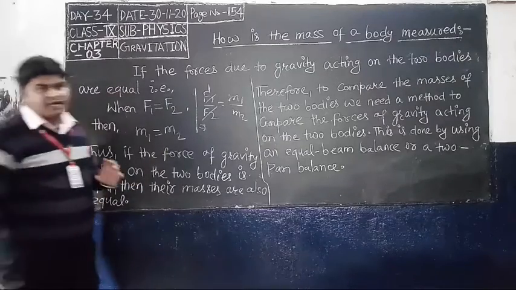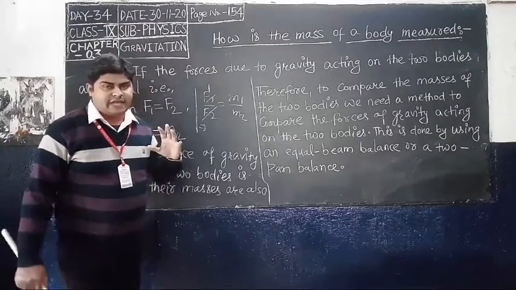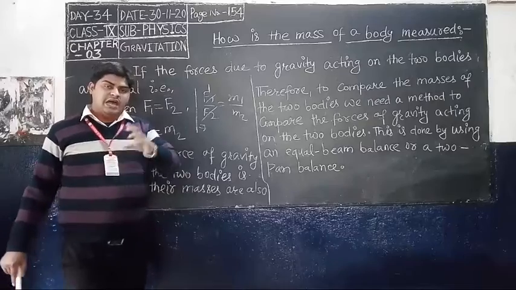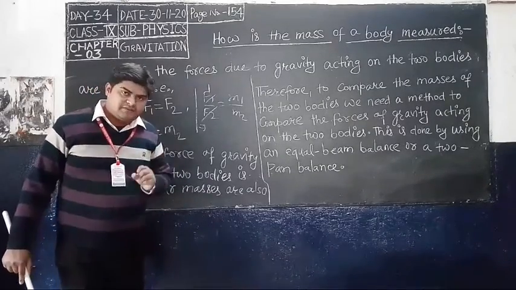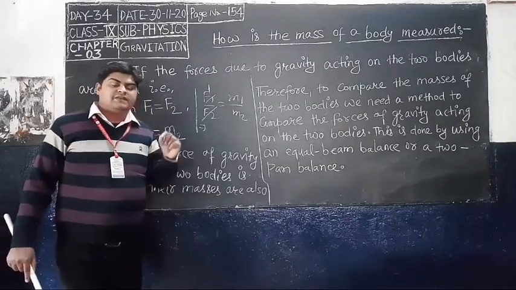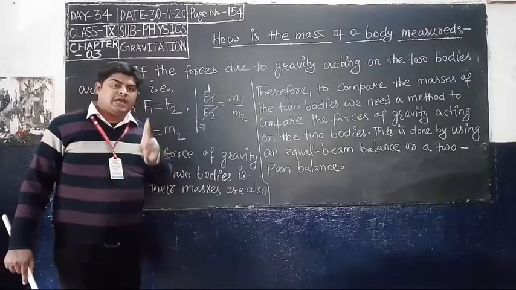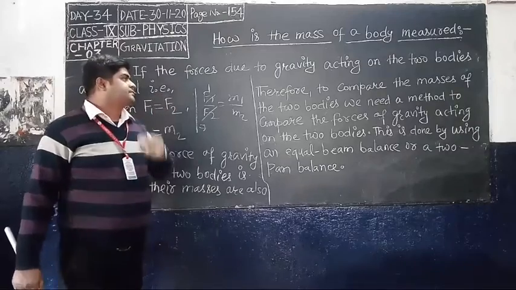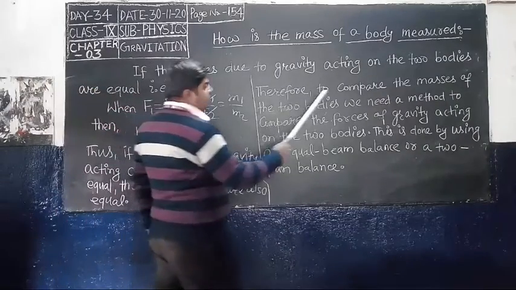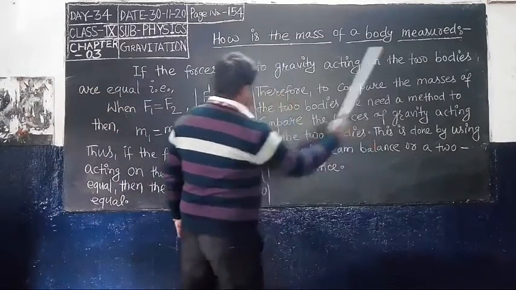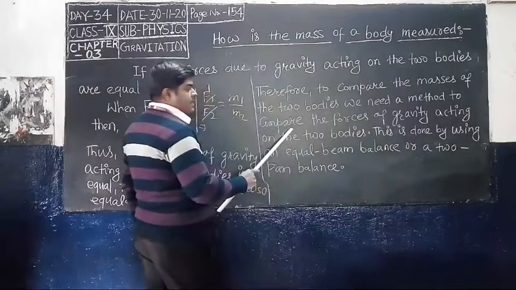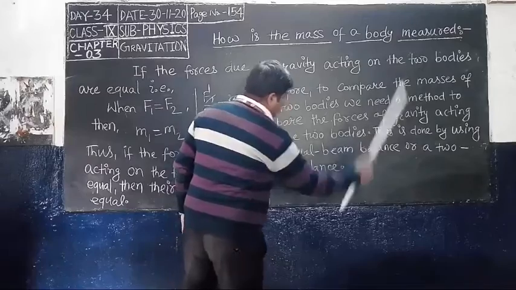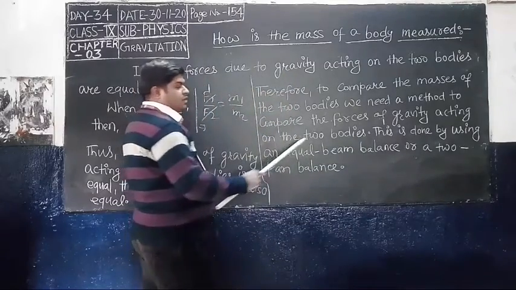That means if the value of the gravitational force on two bodies is equal, then both have equal masses. Therefore, to compare the masses of the two bodies, we need a method to compare the forces of gravity acting on the two bodies.